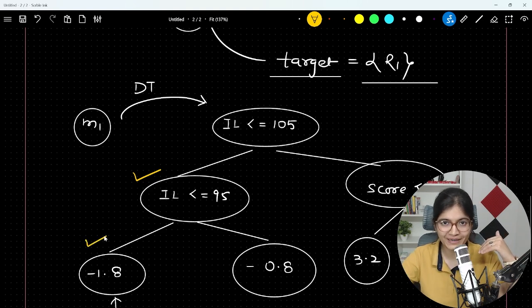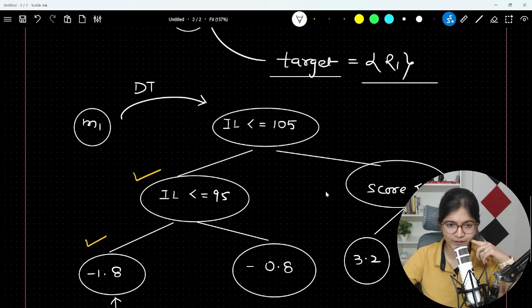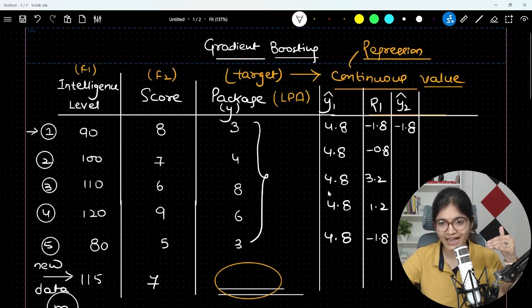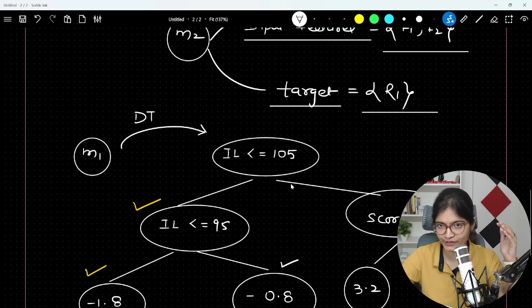The value will come out to be negative 1.8. So what is the prediction? It is negative 1.8. Makes sense? Now it will move ahead to 107. Again, it is greater than 105, so it goes towards the right. Now we have 100, so it will go towards the right and the prediction will be negative 0.8.